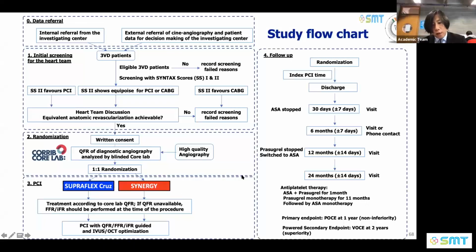At follow-up, we try to incorporate the newest antiplatelet therapy, so that the patient will receive 1 month of dual antiplatelet therapy, followed by 11 months of prasugrel monotherapy, which we have demonstrated, for example, in GLOBAL LEADERS, where monotherapy has an overall benefit over standard DAPT in terms of bleeding without sacrificing the ischemic endpoint, especially in the complex population.